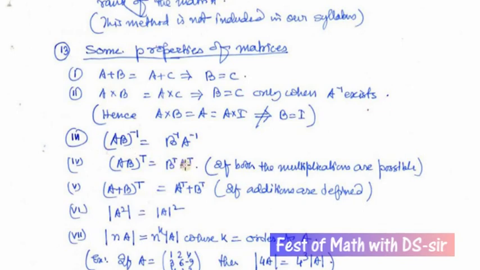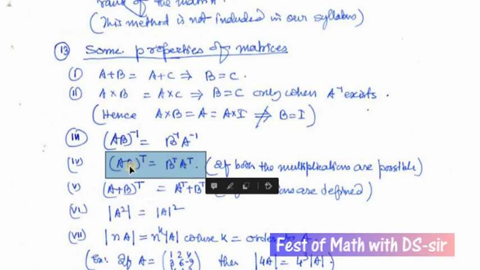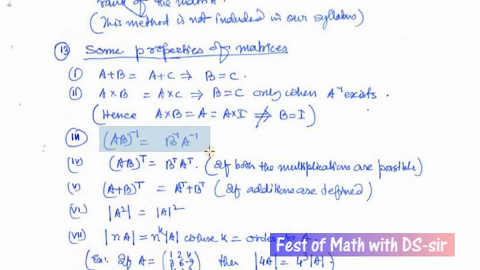Next, AB transpose, same condition. AB transpose is equal to B transpose into A transpose. In this case, A and B may be rectangular or square. But in the inverse case, A and B both must be square and non-singular, and AB also non-singular. There are matrices where A and B are non-singular, but AB is singular.